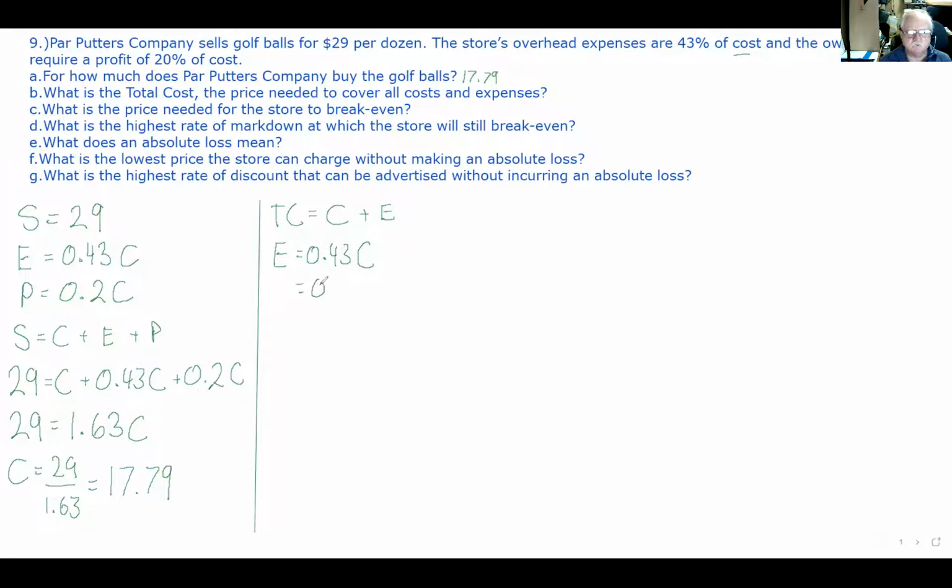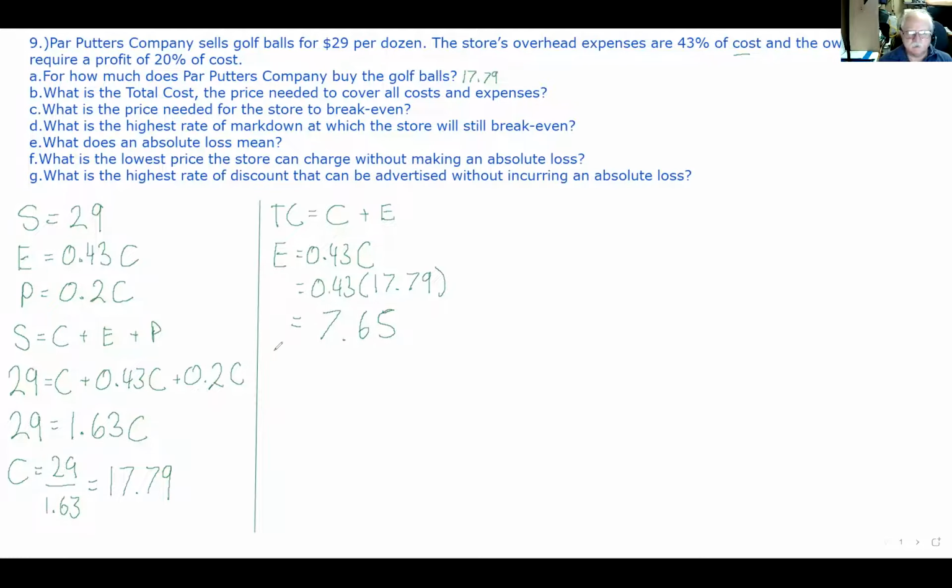So equals 0.43 times 17.79. What will that be? 17.79 times 0.43 is 7.65, I guess.